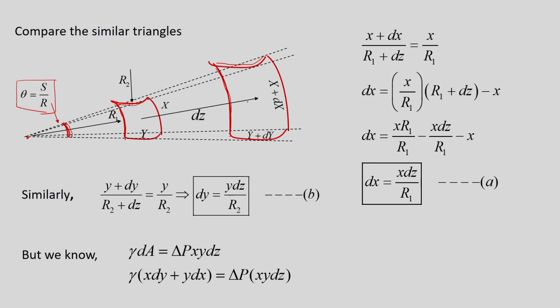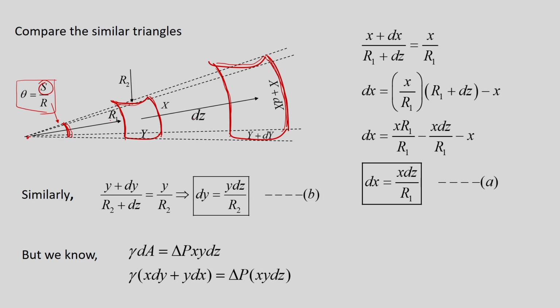So, it means I can compare these values, the x plus dx, this is the arc length S, I can compare this ratio with respect to r, that is r1. So, if I want to compare x by r1, so x upon r1 is equal to x plus dx by r1 plus dz.